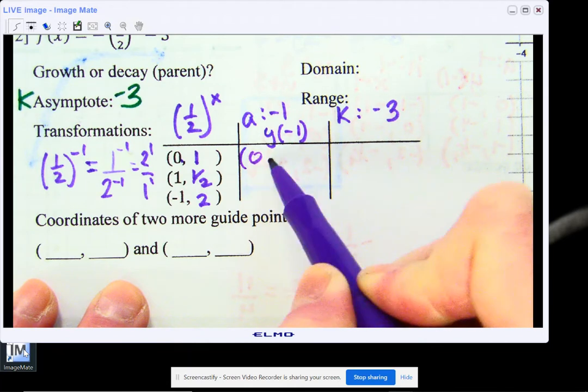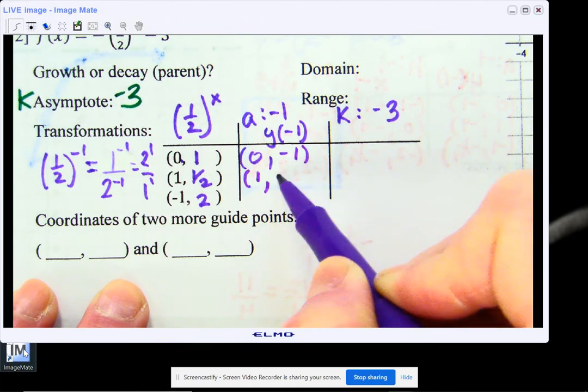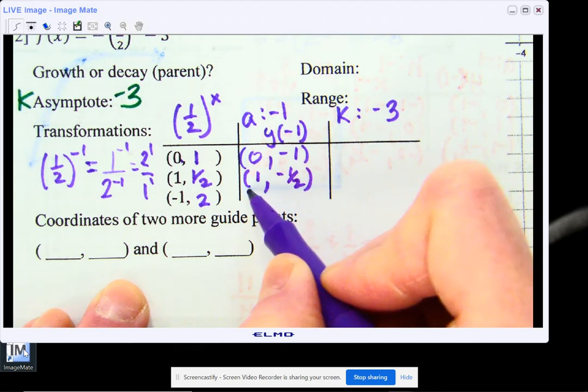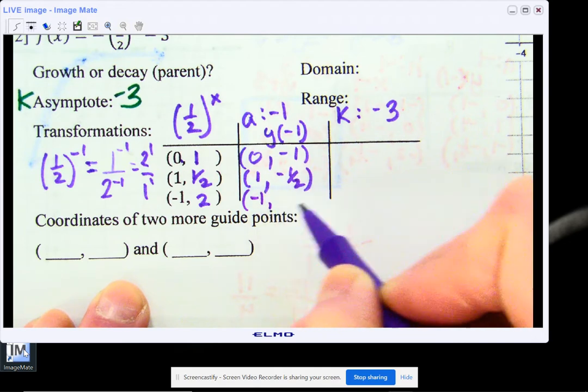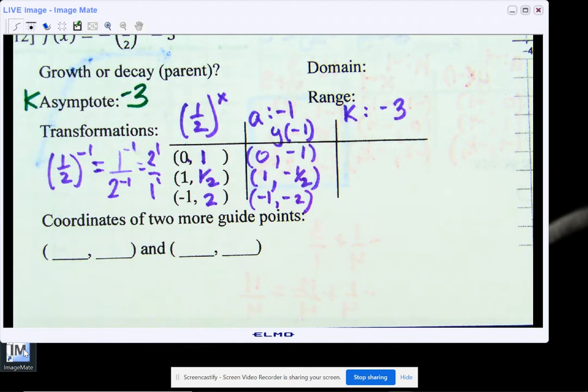So our x value stays the same, y gets multiplied by -1. So remember our vertical stretch or shrink is like we're applying a scale factor. A scale factor of -1. Yes.